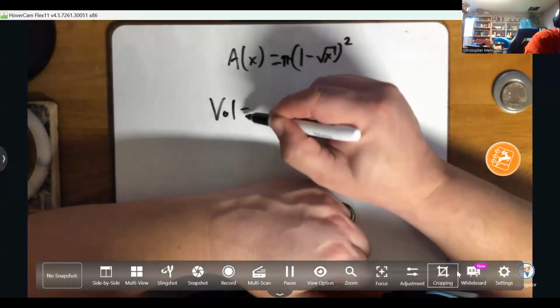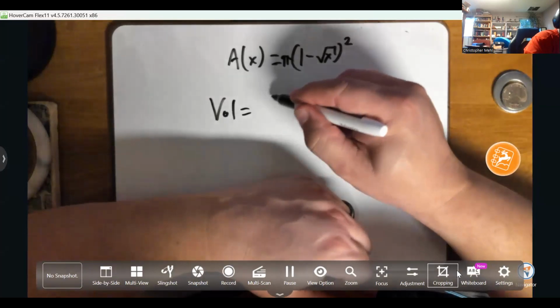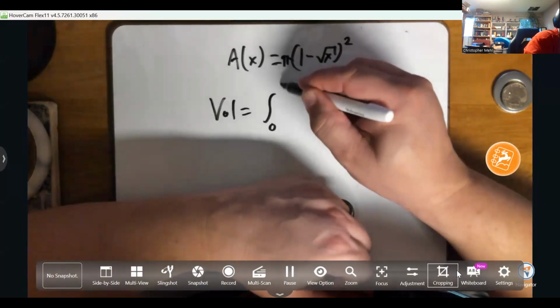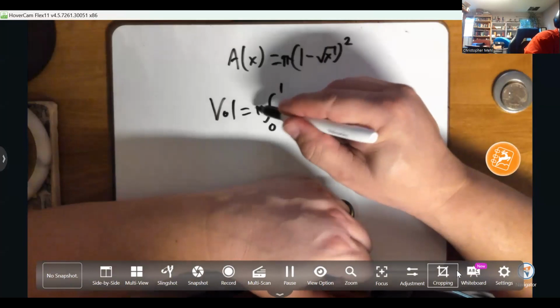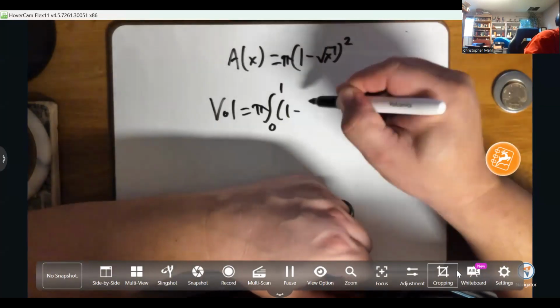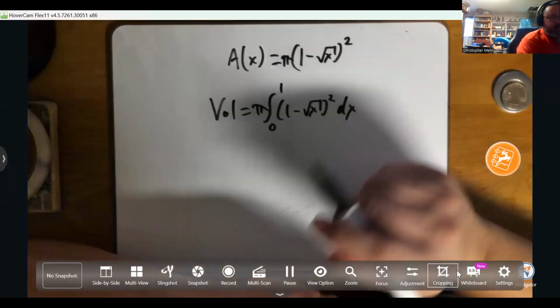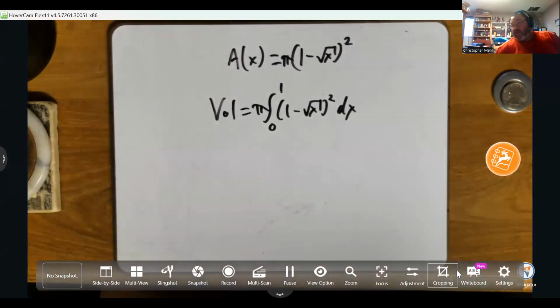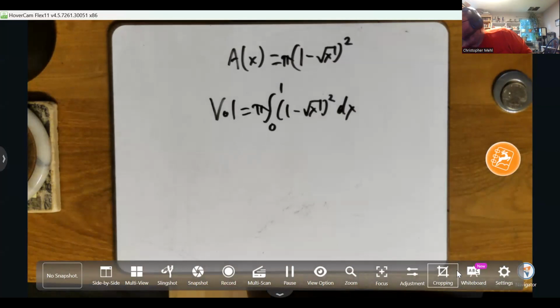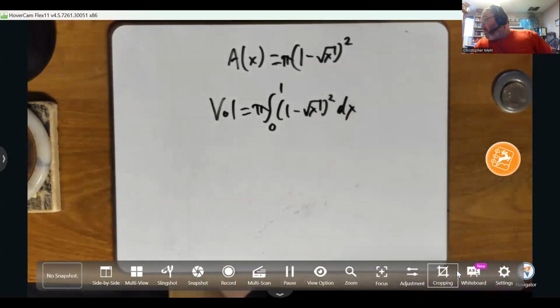And so the washer method says we're going to integrate that from 0 to 1 in this case, like so. You could do that particular one by whatever method you like.